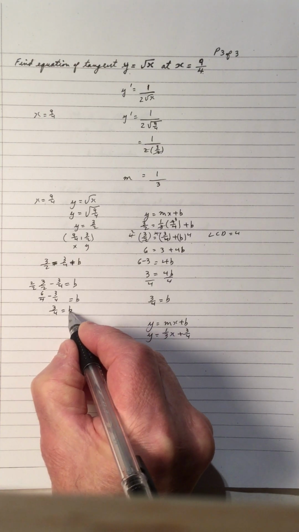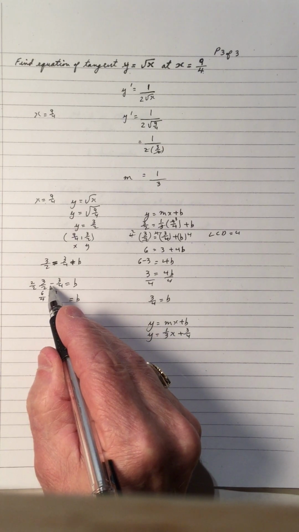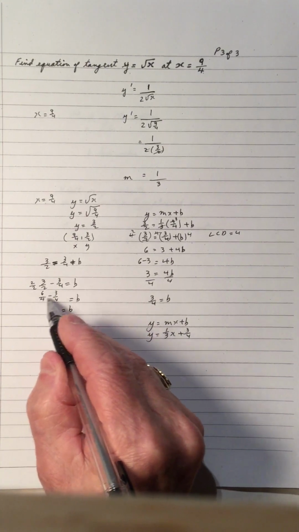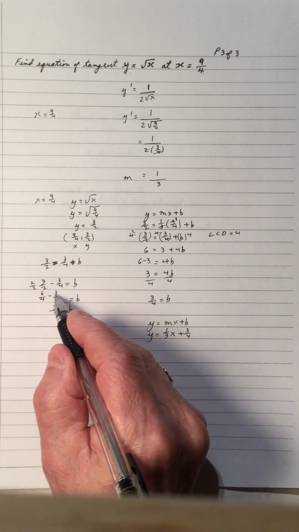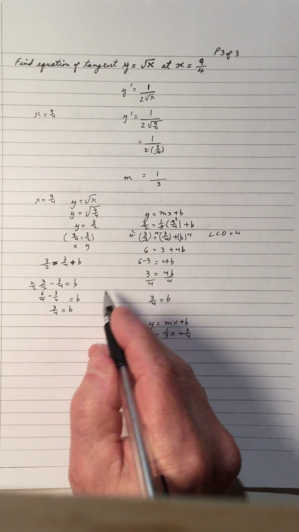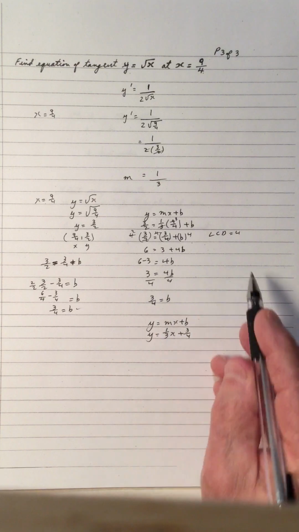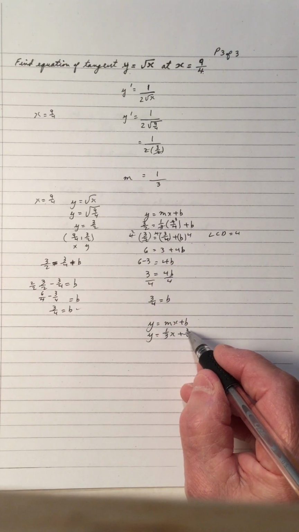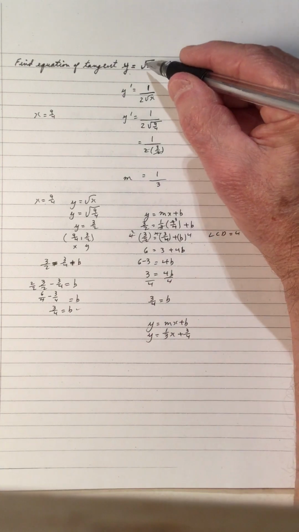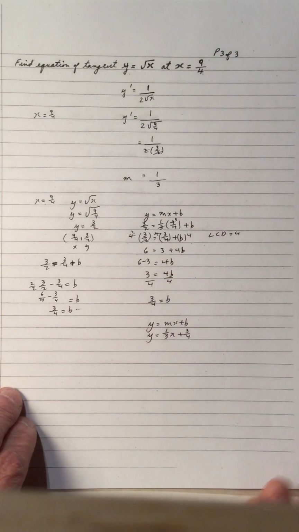That's another way to do this, by bringing the 3/4 over here and getting a negative, getting the common denominator for each fraction, which is 4, making equivalent fractions. So 6 minus 3 is 3 over 4, and then we write it down. We have the same answer here and here. So it's two ways to do it, your choice, but the equation that represents the tangent to root x at 9 over 4 is this equation here.